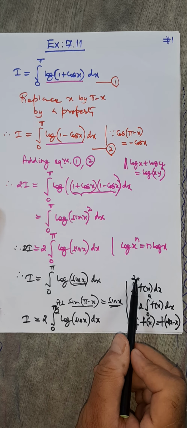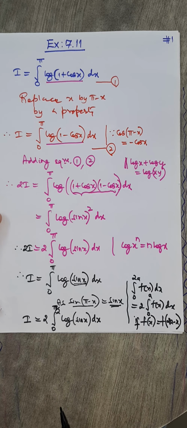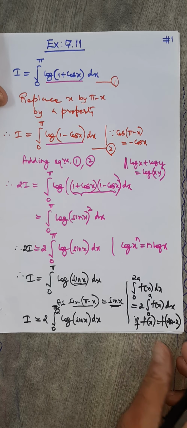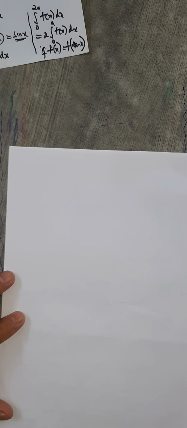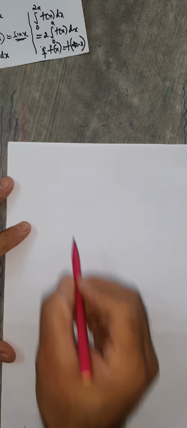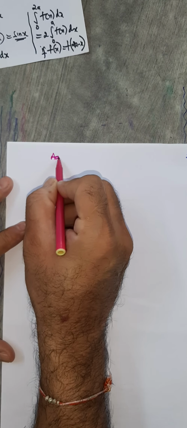Pi is this limit, here 2a is the limit, so we have this. Now let's continue further. This is a little bit different from earlier questions. Now the next step is to use that property again, replace x by pi by 2 minus x.